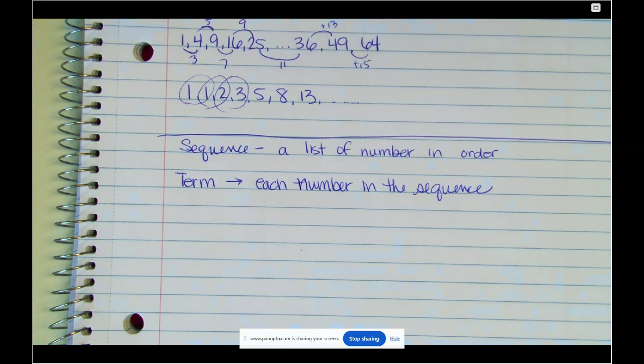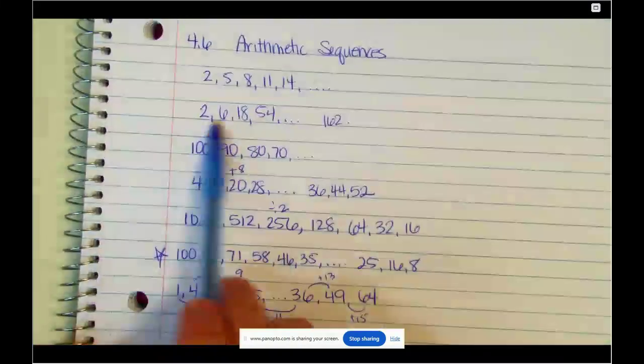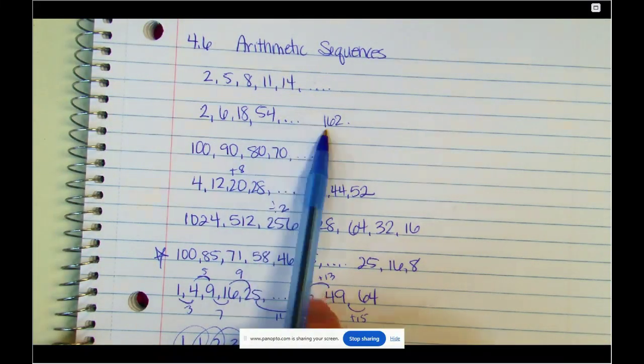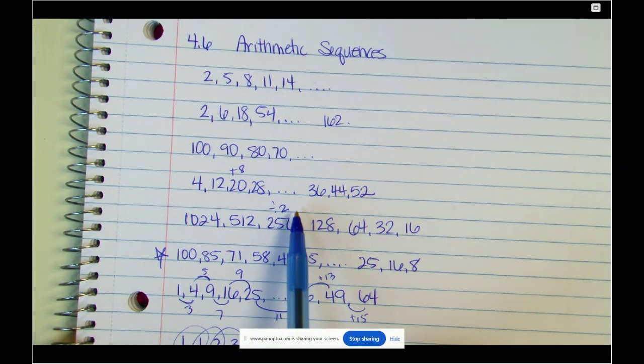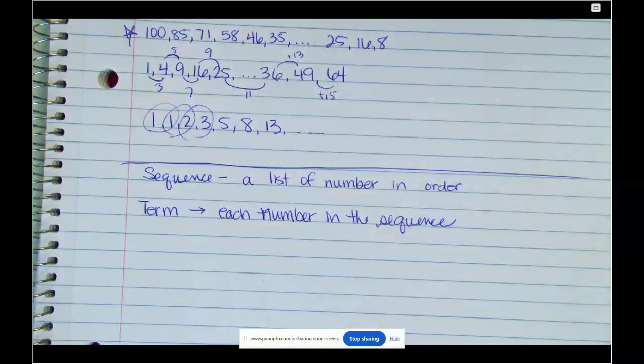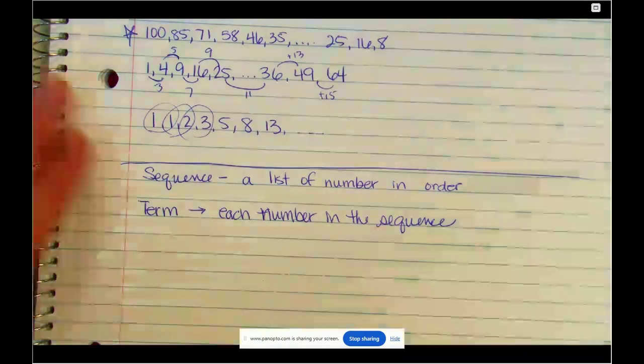That's basically a word that you need to define. This term means something different in this situation. A term is each number in the sequence. So when I was up here telling you to find the next number in this sequence, I could say, find the next term, find the next 3 terms. That's what it will say in your book. So don't freak out on that.